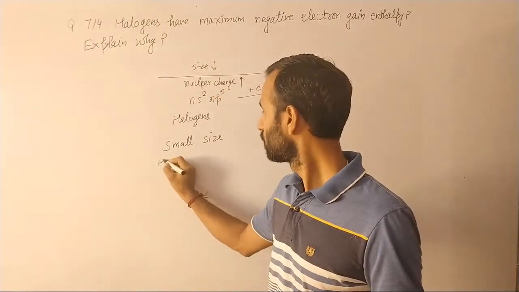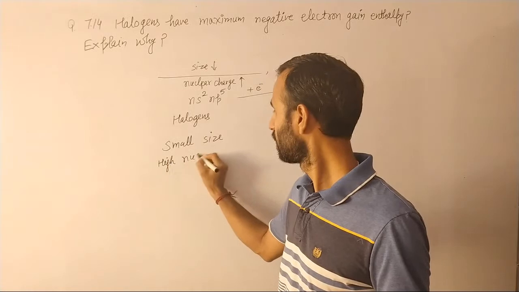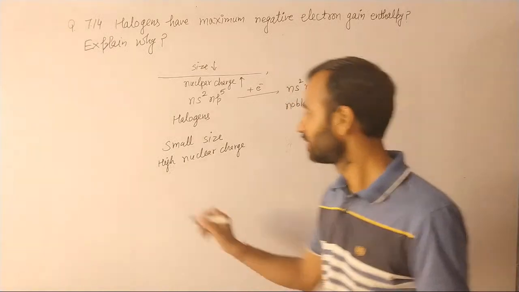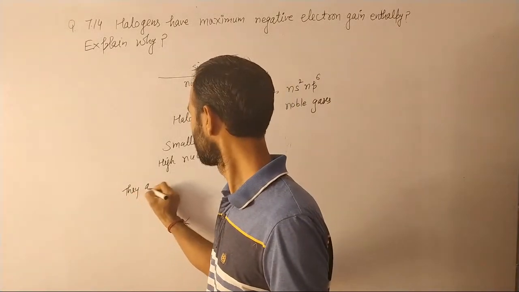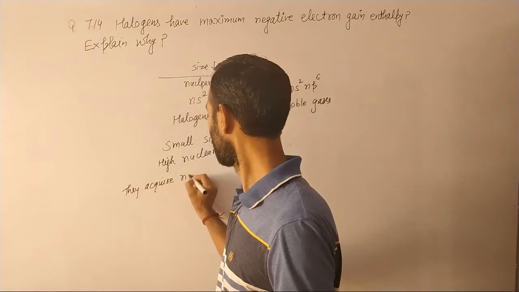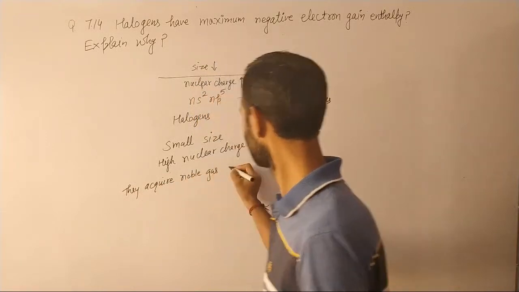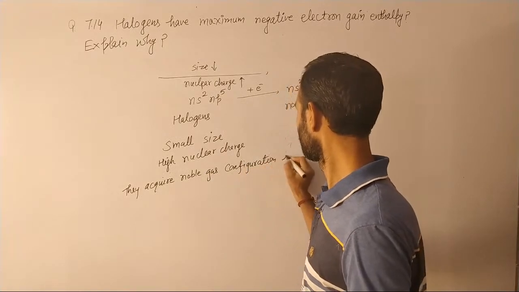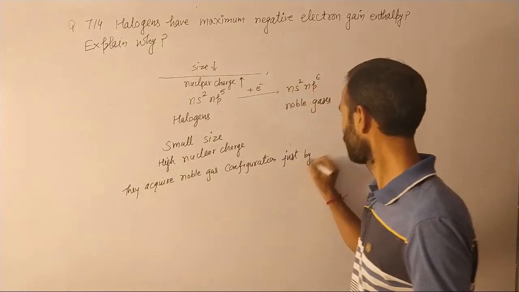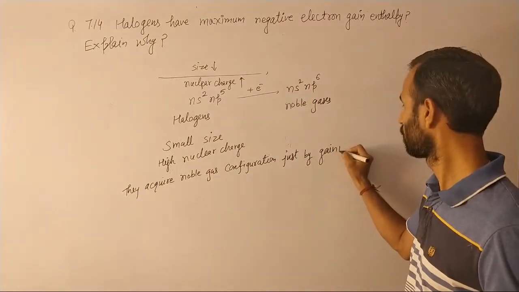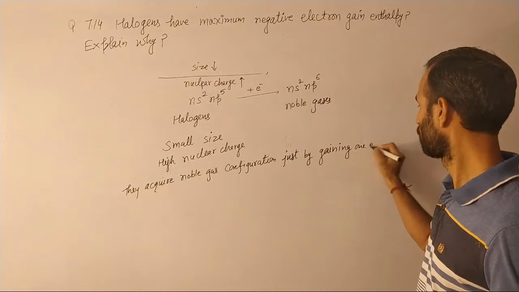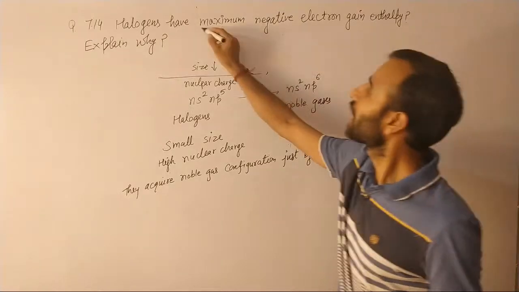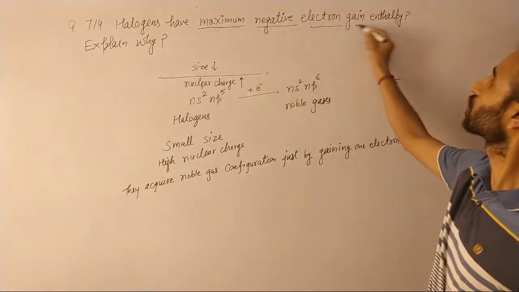They have high nuclear charge, and they acquire noble gas configuration just by gaining one electron. That's why they have maximum negative electron gain enthalpy.